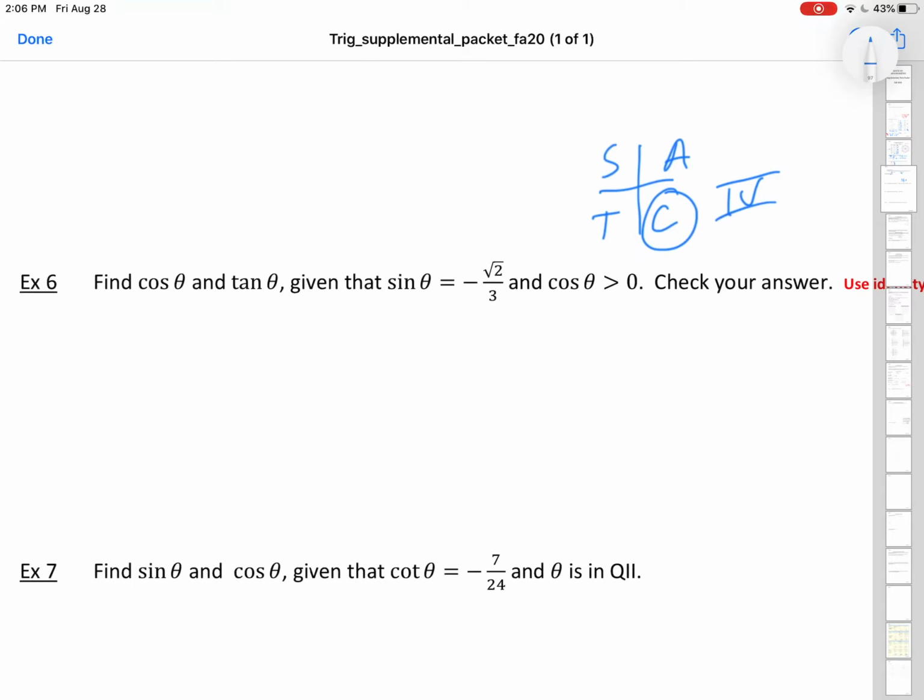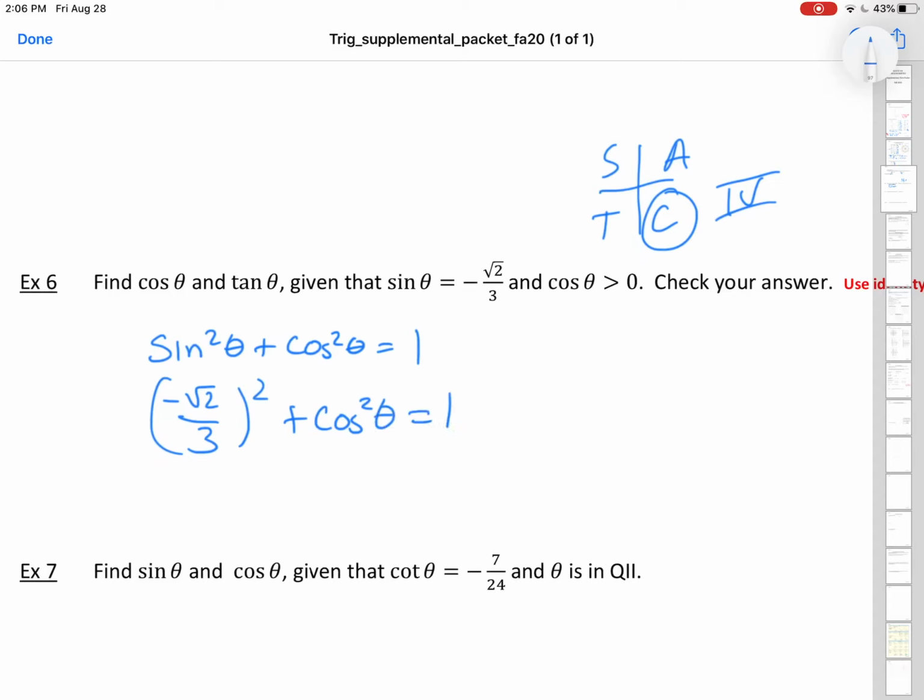They're asking us to use an identity. You can, but you don't have to. But let's do what they're asking us. So let's use sine squared theta plus cosine squared theta is equal to 1. We're given sine theta, that's negative root 2 over 3, and we're going to square it, plus cosine squared theta, which is what we're looking for, is equal to 1.